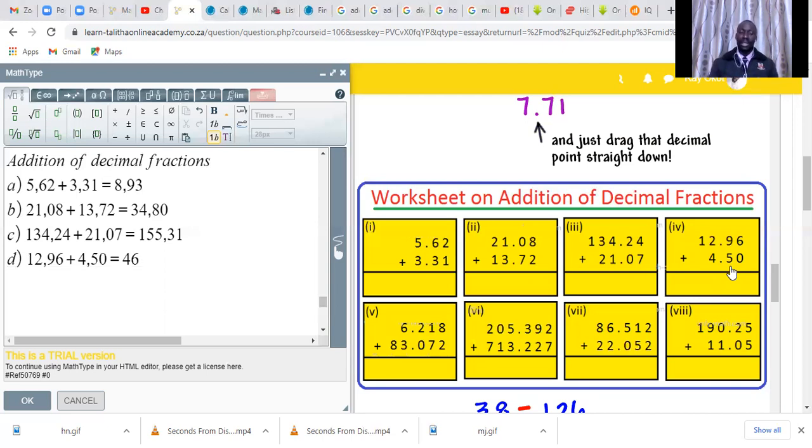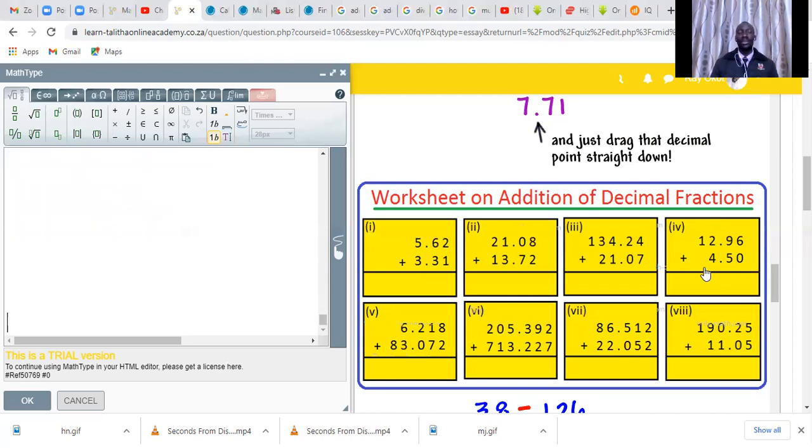Before we write this one, we need to drag the decimal point down. So the one that we have will appear on top of 2. So now we want to add 1 to 2 so that we get 3. And 3 added to 4 is what? Is 7. Then now we have to add this 1 to 0. And is what? Is 1.